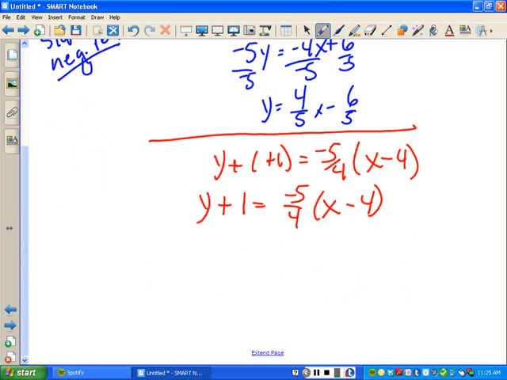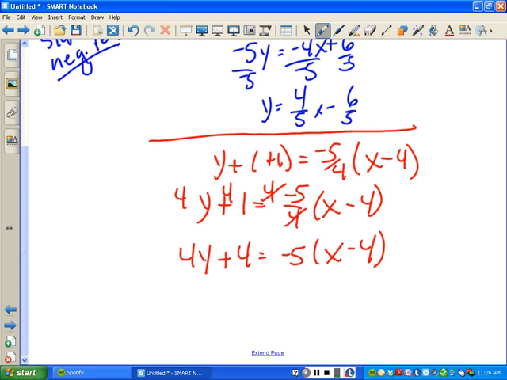Now from here, you can either multiply through by 4 and you can clear the fraction, or you can just go ahead and straight distribute. Distributing is not so terribly bad because these are going to ultimately cancel each other anyway. So you're going to multiply both sides by 4. This and this cancel. 4y plus 4 equals negative 5x minus 4.